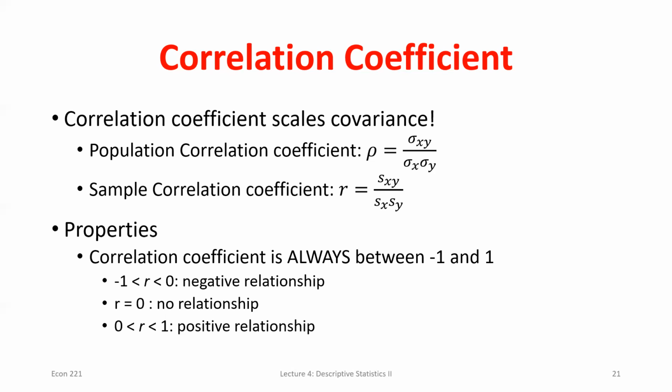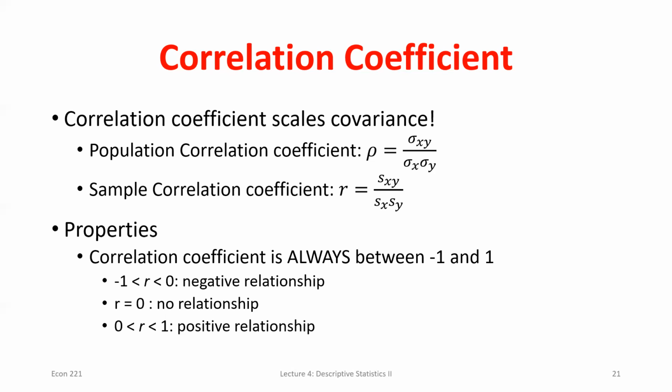And then dividing by the standard deviation of each variable: the square root of the sum of the deviation squared divided by n for x, and then multiplied by the standard deviation for y, which if I write that out, I end up with something like this.